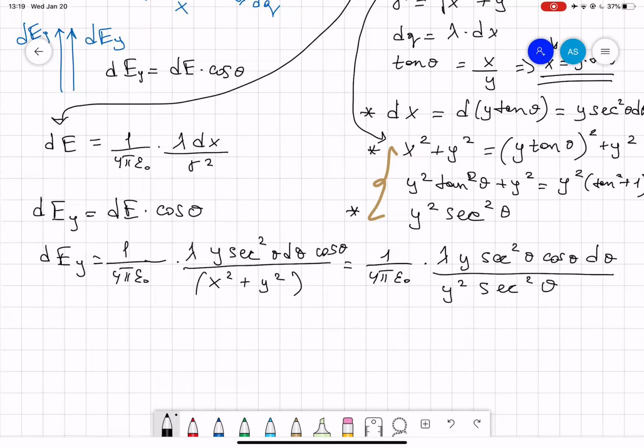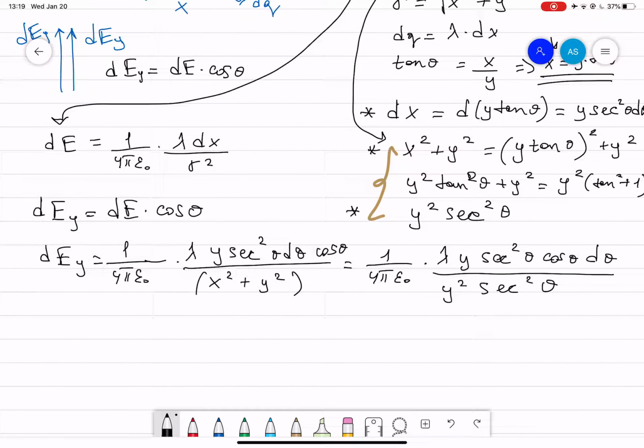Then we can see that some of them can be cancelled out. The sec squared theta cancels with sec squared theta, and y squared with y cancels out. Then we end up with dE_y equal to lambda cos theta d theta divided by 4 pi epsilon naught y, right?